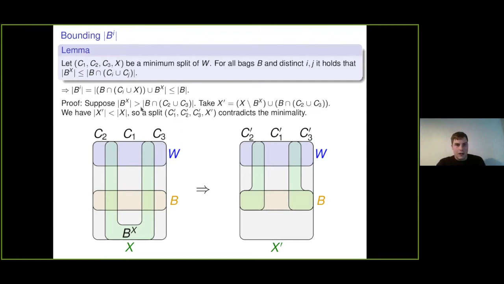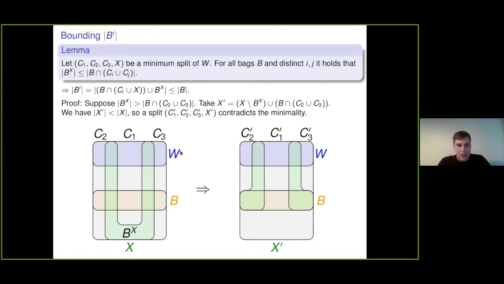By definition, we have that X prime is smaller than X. So if we get a split where X prime is the separator, this contradicts the minimality. And basically, to argue why we actually get a split by doing this is by this picture here.